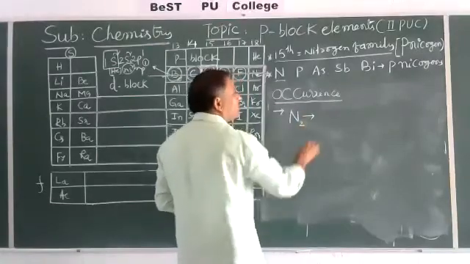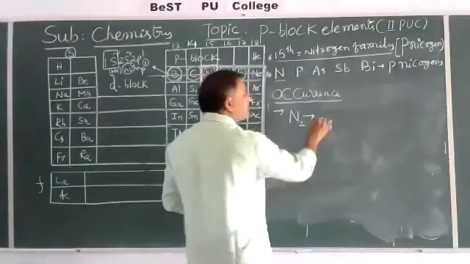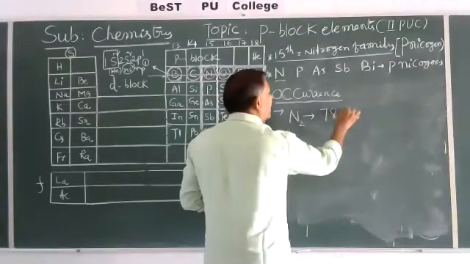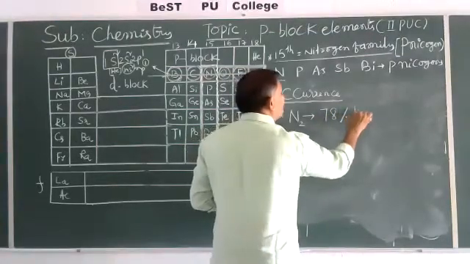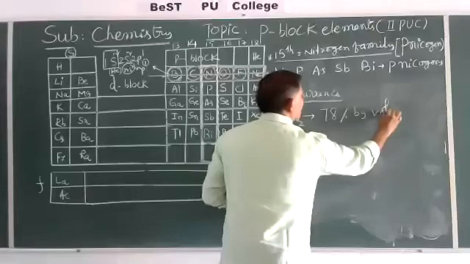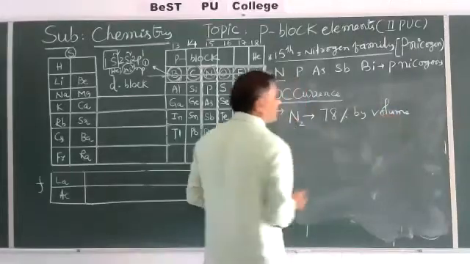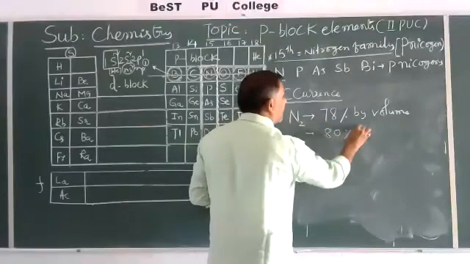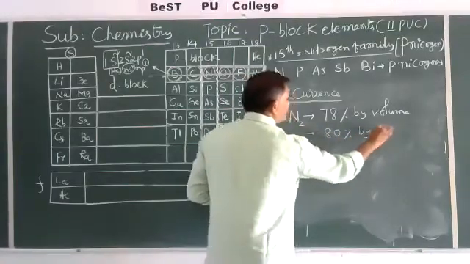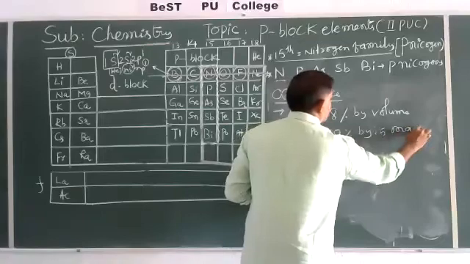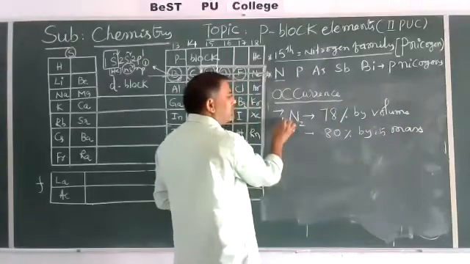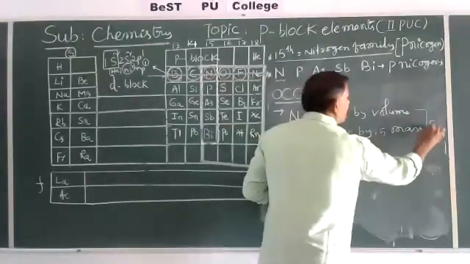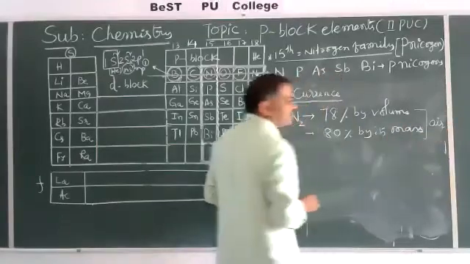Here in atmospheric air under normal conditions, it is available at 78% by volume and 80% by mass. Means only these are in atmospheric air, not in the earth crust.